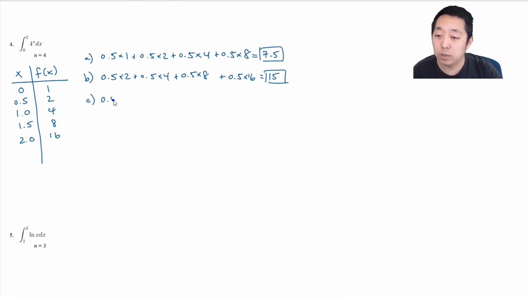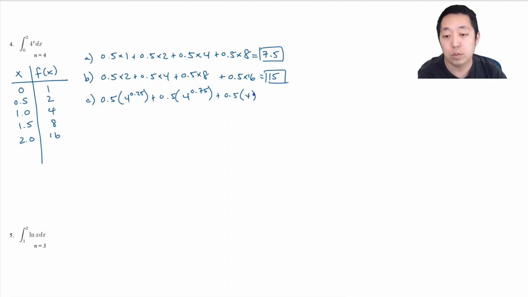Midpoint, I could do 0.5 times 4 to the 0.25 plus 0.5 times 4 to the 0.75. See, I have to use the midpoints, what's in between each of these, which is 0.75, 1.25, and then plus 0.5 times 4 to the 1.75.